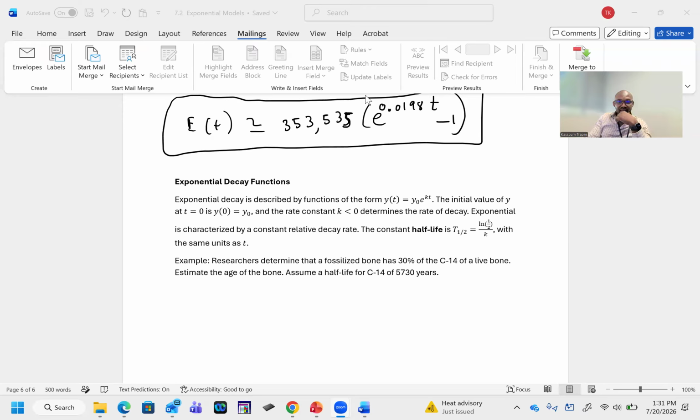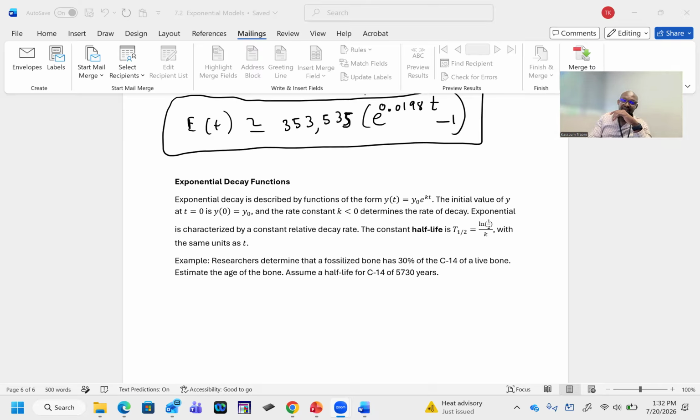So let's solve this example. Researchers determined that a fossilized bone has 30% of the C14 of a live bone. Estimate the age of the bone.